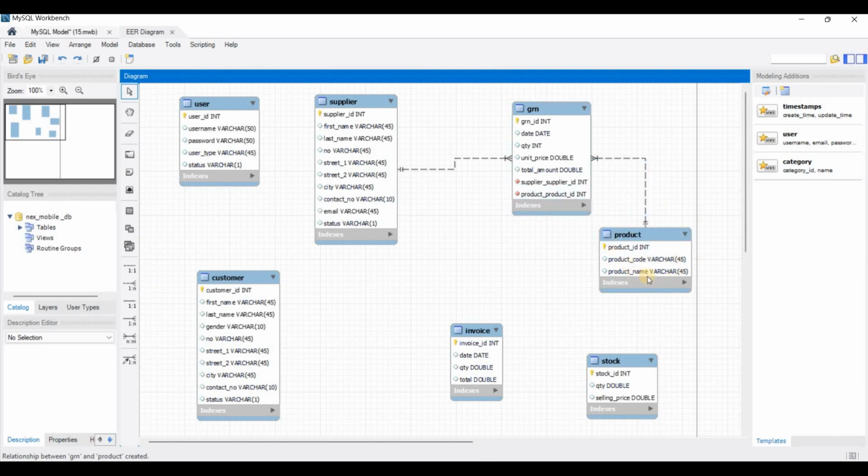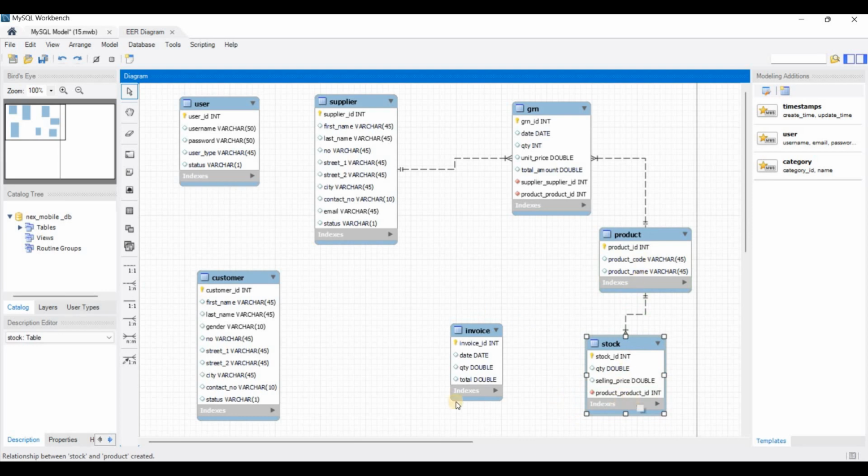When we get one product, it will appear in many stocks. When we get one stock, there is only one product. So the relationship between those two tables is a one-to-many relationship. Here's the symbol, this is the many side and this is the one side.